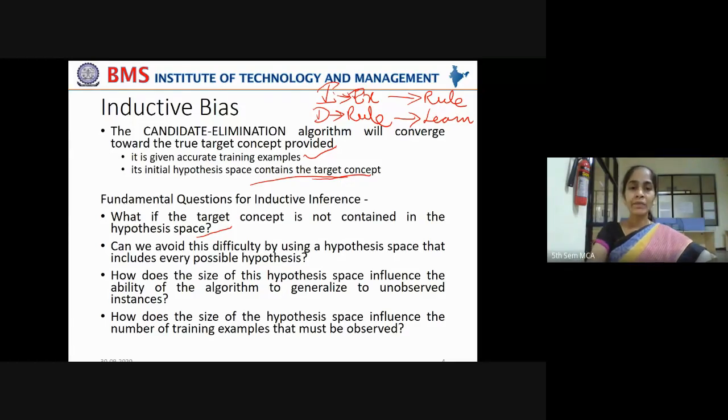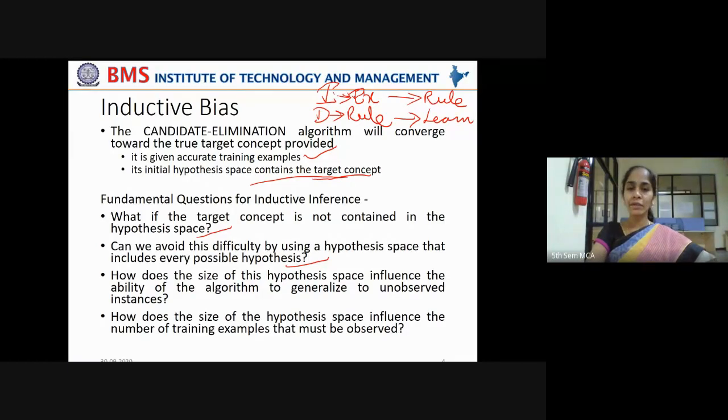Let's see. Can we avoid this difficulty by using a hypothesis space that includes every possible hypothesis? Now, if for every training example you include all possible combinations, can we avoid the above difficulty? Yes, let's see.